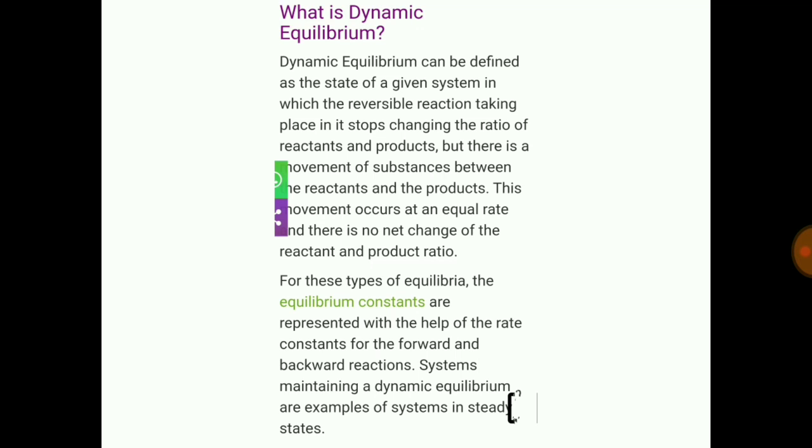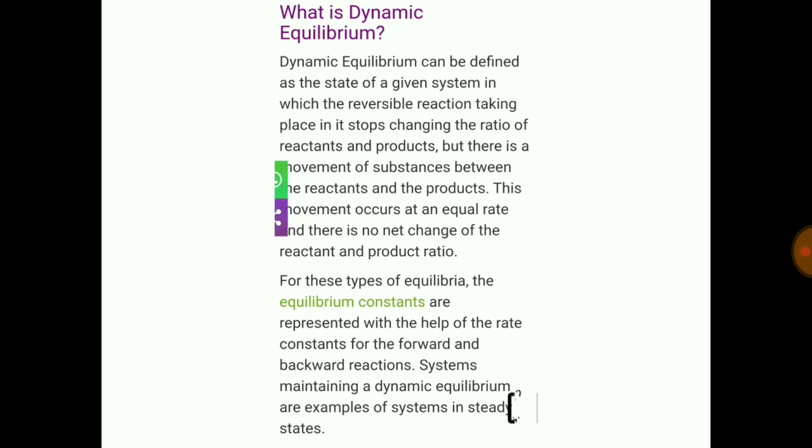So, in this dynamic equilibrium, the reversible reaction taking place stops changing the ratio of reactants and products. But there is also movement of substance between the reactants and the products.